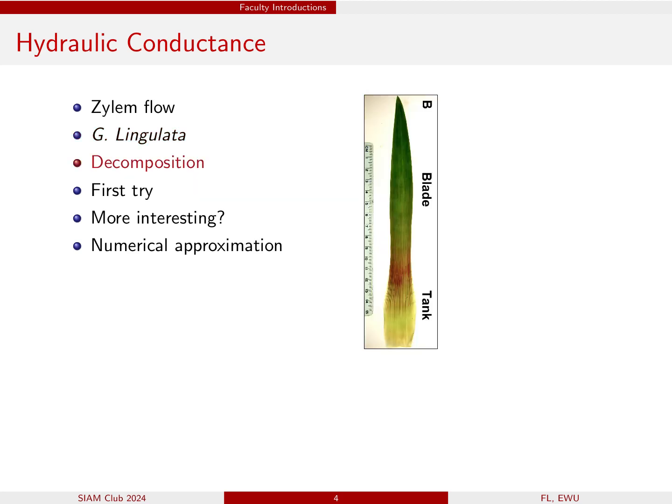So I talked a little bit about that decomposition, but again, what we're interested in here is thinking about hydraulic flow into the blade through the blade tank interface, up through the xylem of the blade in the axial direction, and then out to the surface of the leaves in the radial direction.